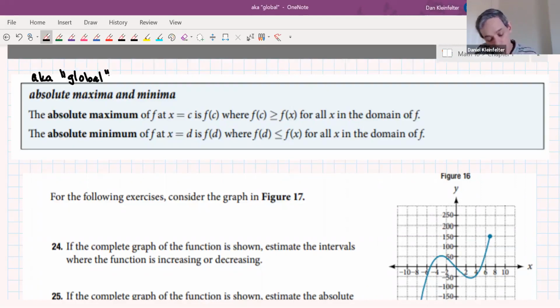Okay, so that's a big difference here. The function f has a maximum at c if f of c is bigger than all the other f of x's in the whole domain of f. And then if f of d is smaller than all the other f of x's in the whole domain of f, then it is a minimum value.